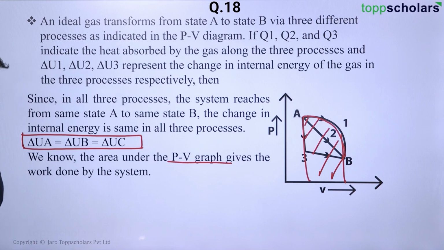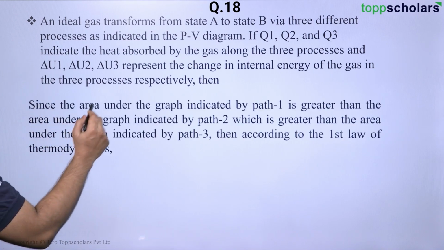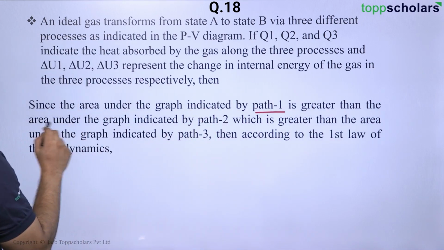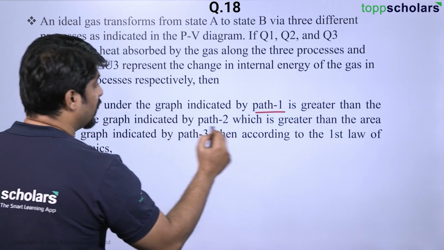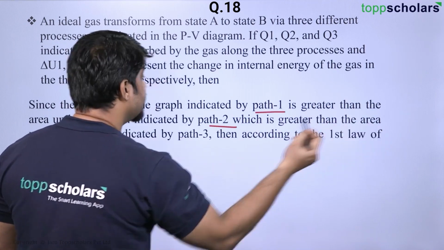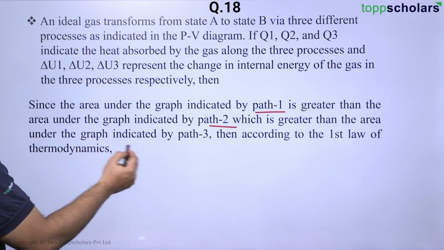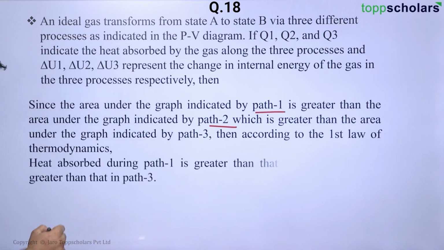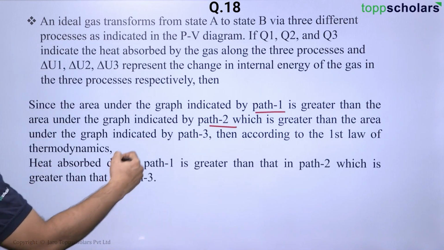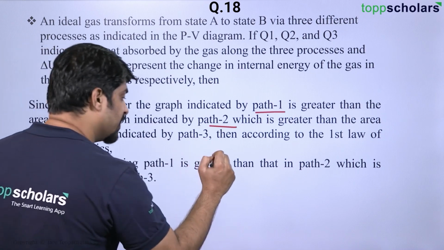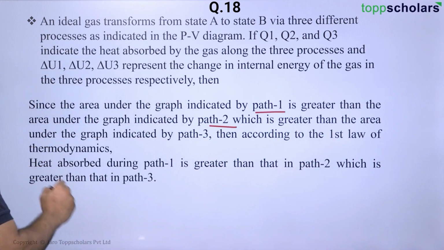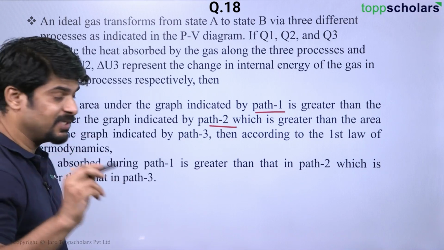Since the area under path 1 is greater than the area under path 2, which is greater than the area under path 3, according to the first law of thermodynamics, the heat absorbed during path 1 is greater than that in path 2, which is greater than that in path 3, isn't it?